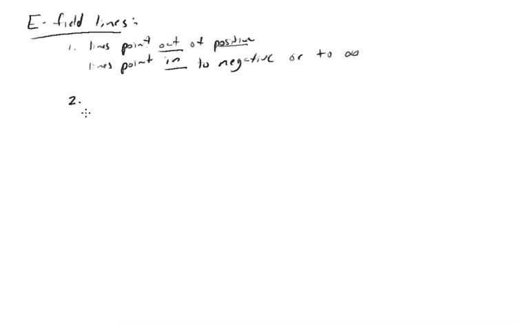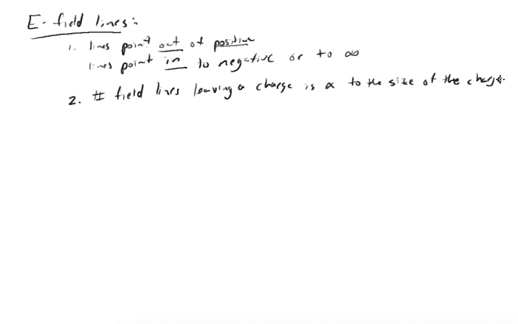The second rule is that the number of field lines leaving a charge is proportional to the size of the charge. The bigger the charge, the more field lines it's going to produce.